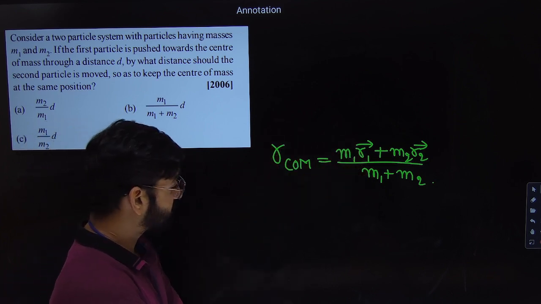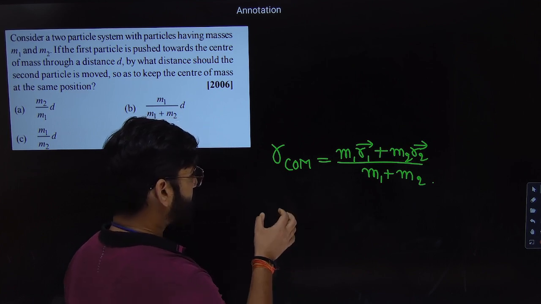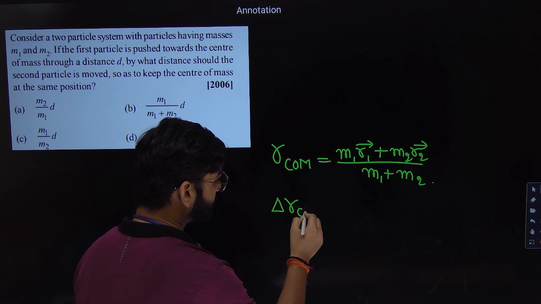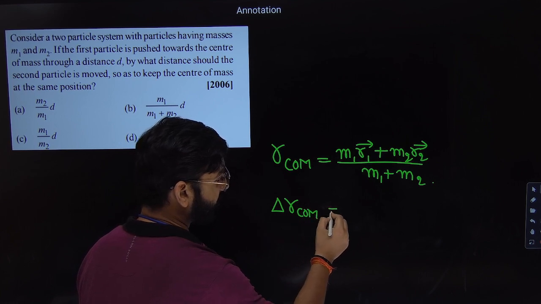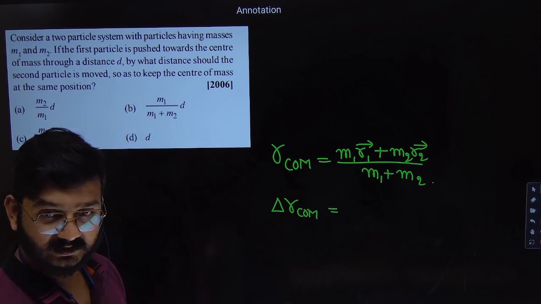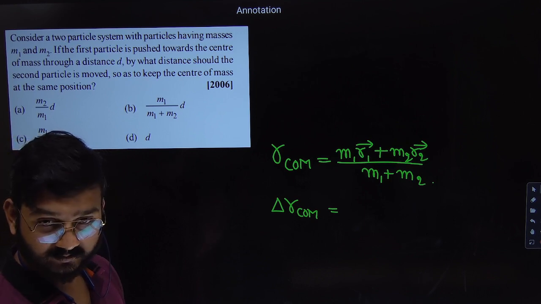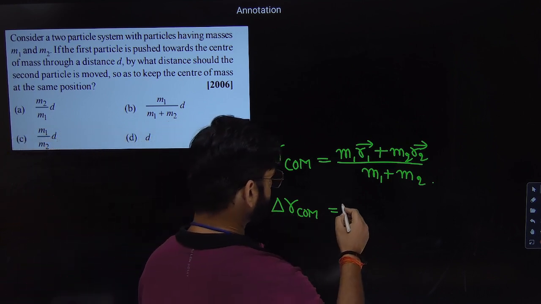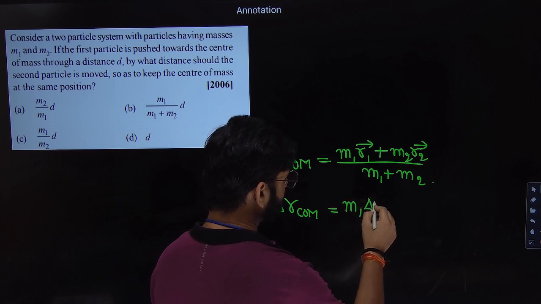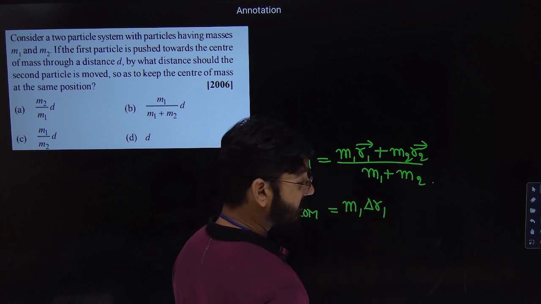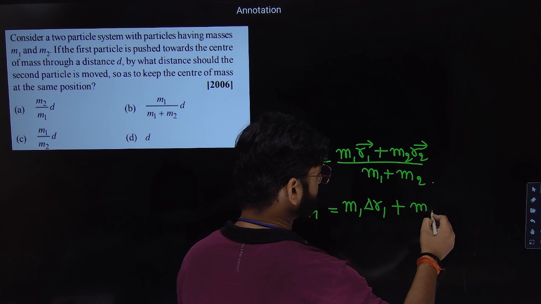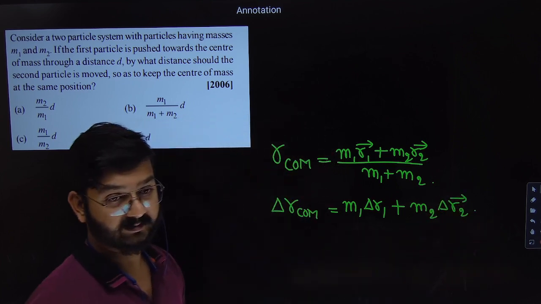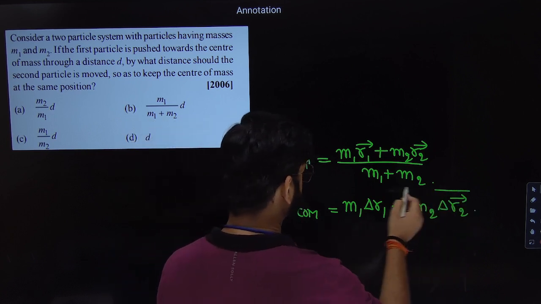If I write delta RCOM, what does it mean? The change in the position of the center of mass. It should be equal to M1 delta R1 plus M2 delta R2. Remember this thing.